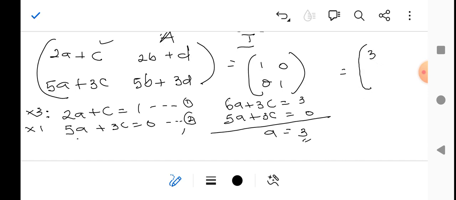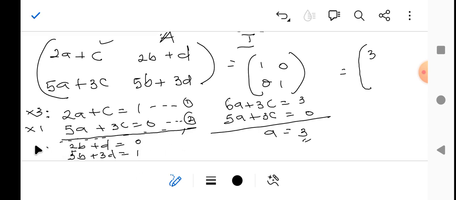Good. Now, similarly, I can consider the second set of equations. Let me pick this one. So here I have 2b plus d, which should be equal to 0, right? While this one is 5b plus 3d, which should be equal to 1. So likewise, I can do the same multiplication here.